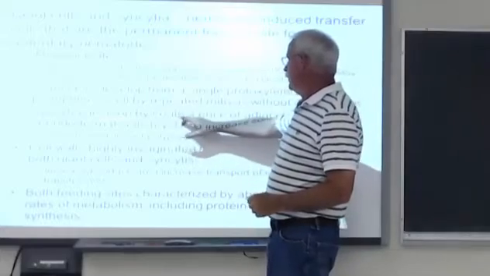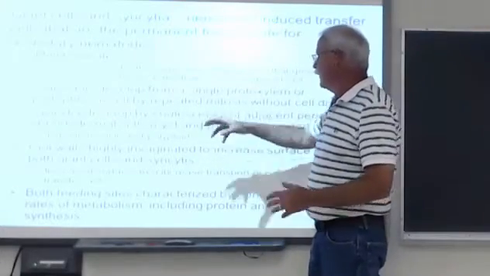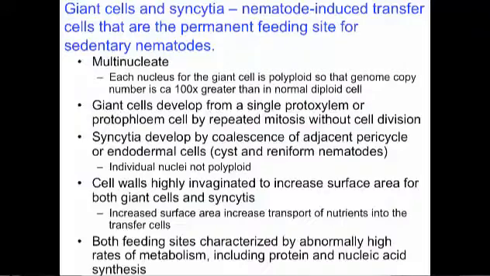Whereas syncytia in the cyst nematodes develop by the coalescence of adjacent cells in the pericycle or in the dermis. These individual nuclei in syncytia are not polyploid, although the syncytia is multinucleate because of the coalescence of individual cells. Each nucleus remains diploid.